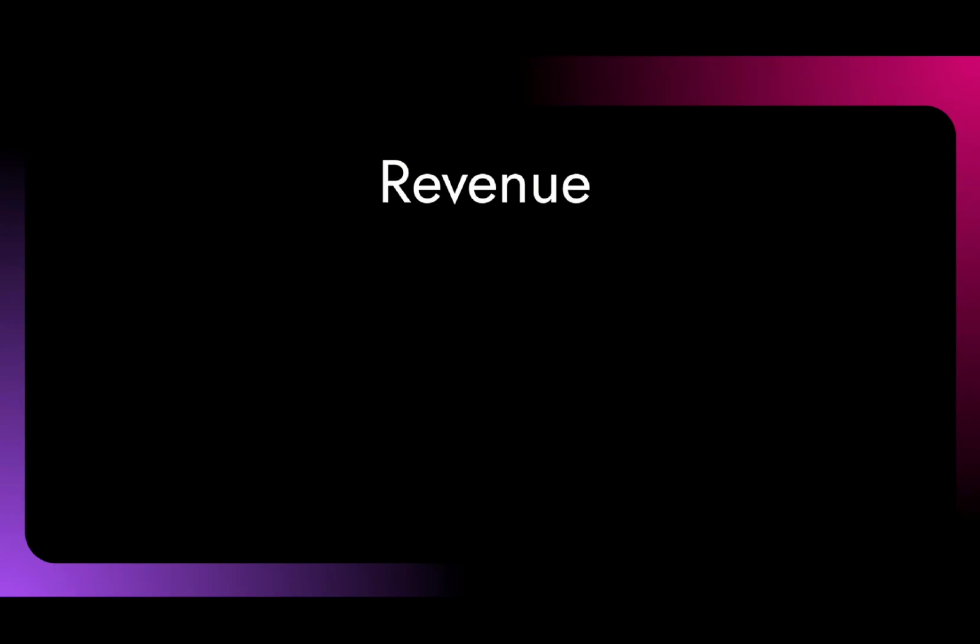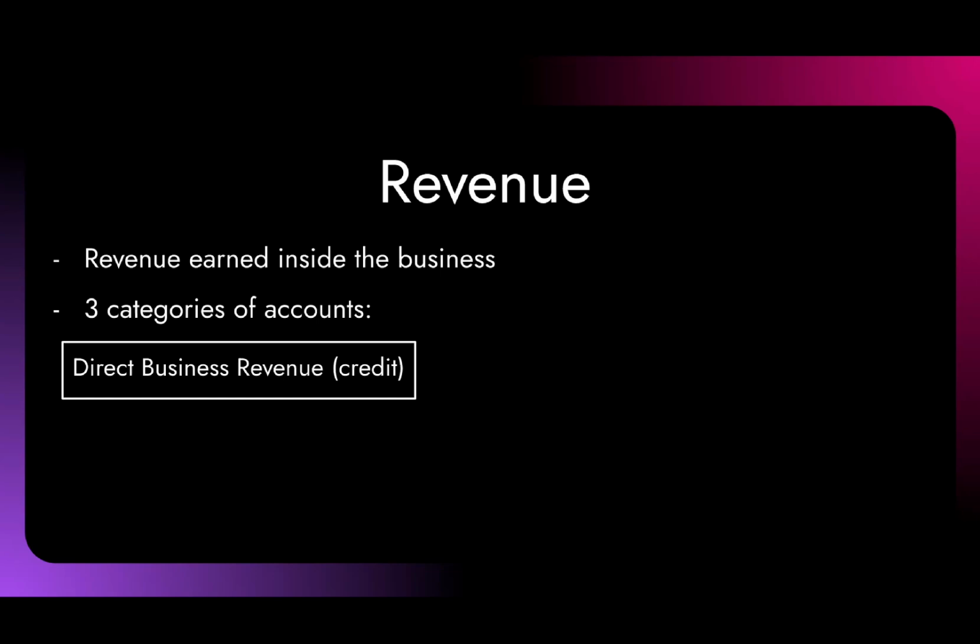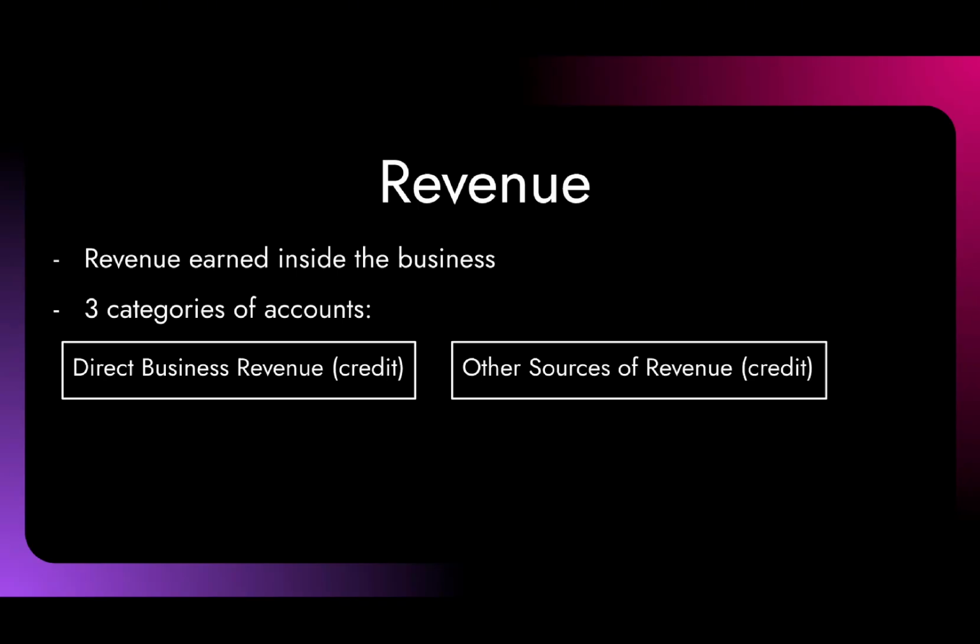Accounts in the revenue class have to do with revenue earned inside your business, and these can be summed up in 3 simple categories. First, you have your direct business revenue, or revenue earned in the main operations of your business. Then you have your other sources of revenue category, which is used for any revenue earned in secondary operations.